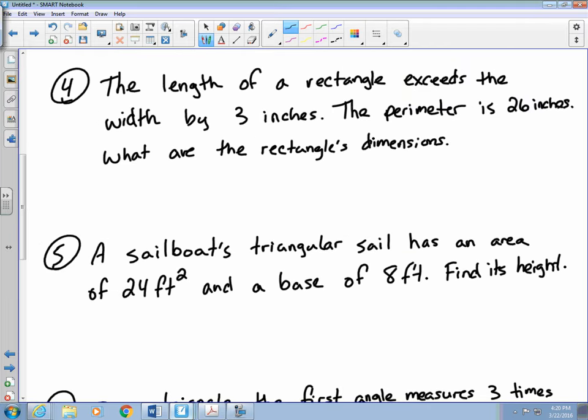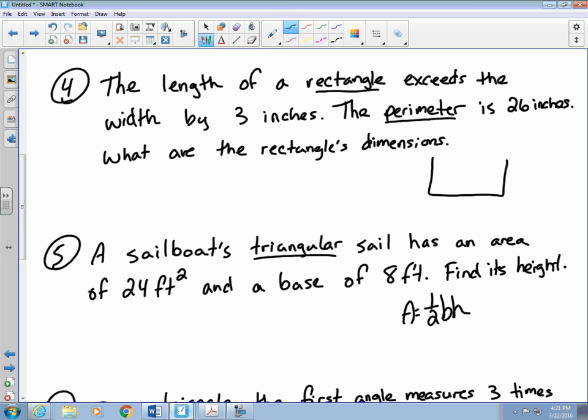Geometry. So you need to know your formulas. The main ones that you're going to be using are triangle, rectangle perimeter, and rectangle area. So we have a triangular sail that has an area of 24. The area formula of a triangle is half base times the height. Here we're talking about the perimeter of a rectangle.